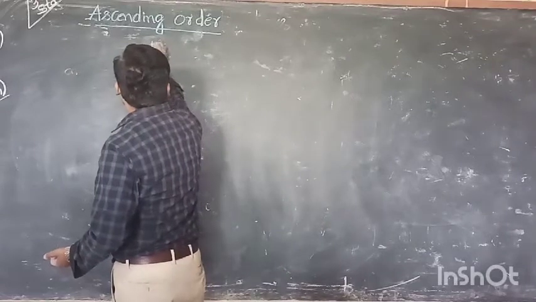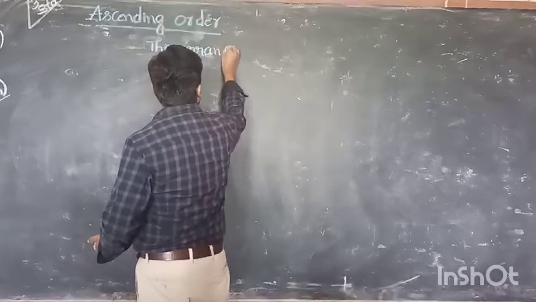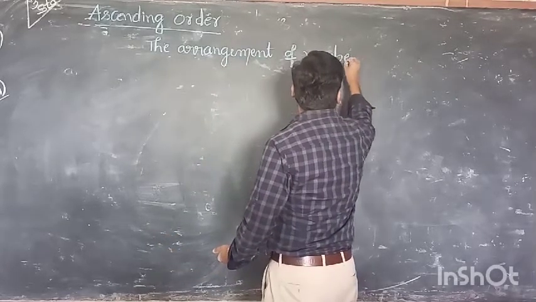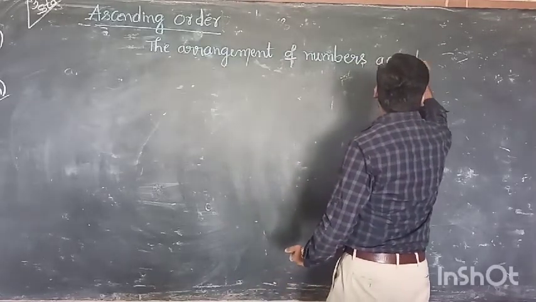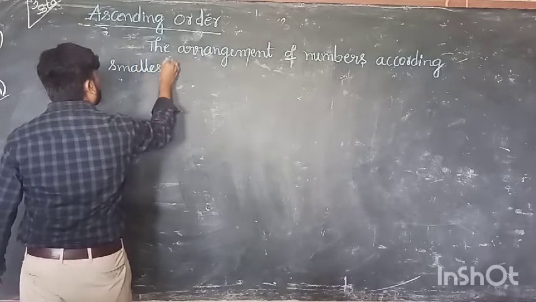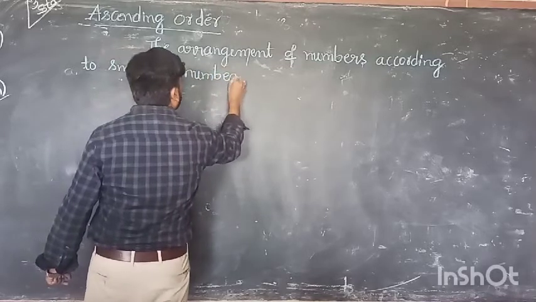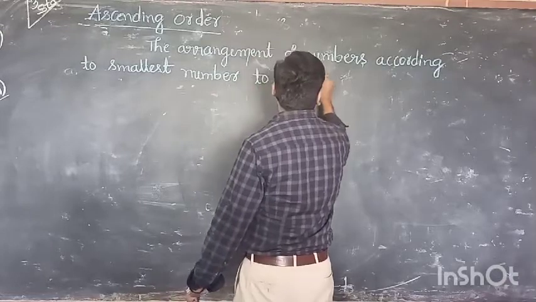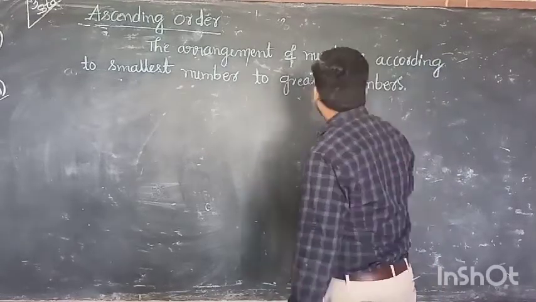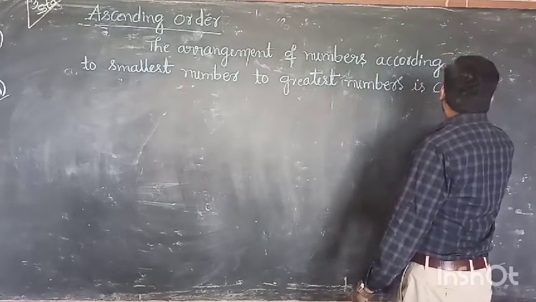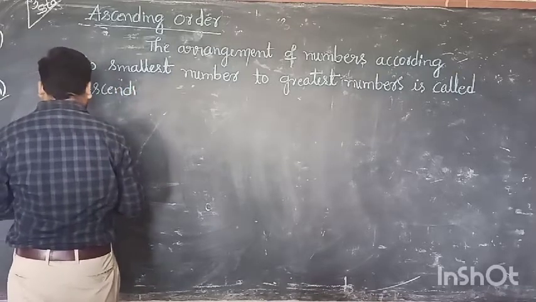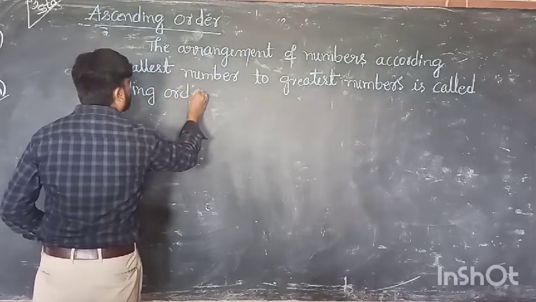Take your definition. The arrangement of numbers according to smallest number to greatest number is called ascending order.